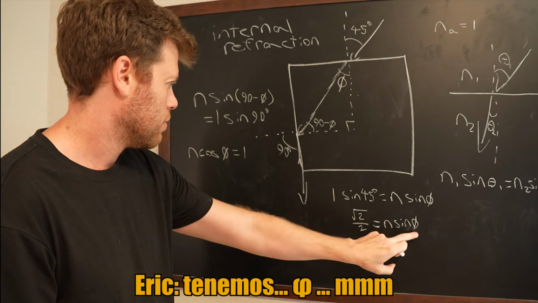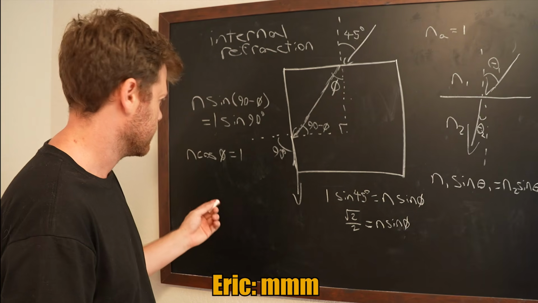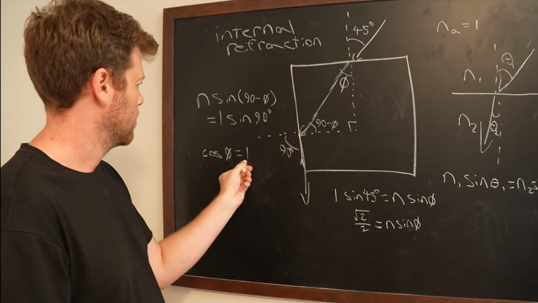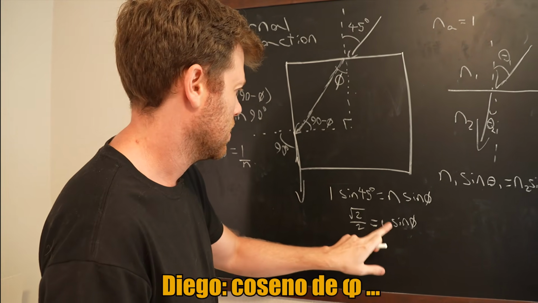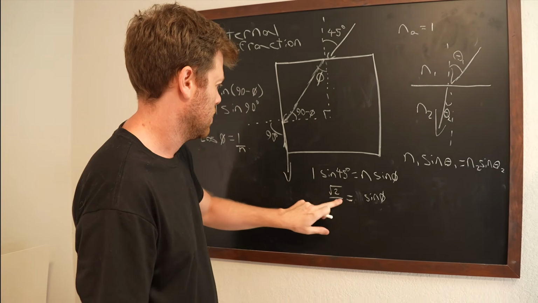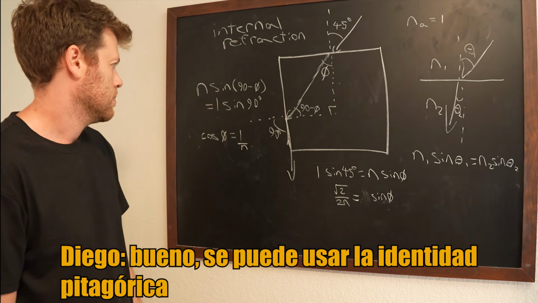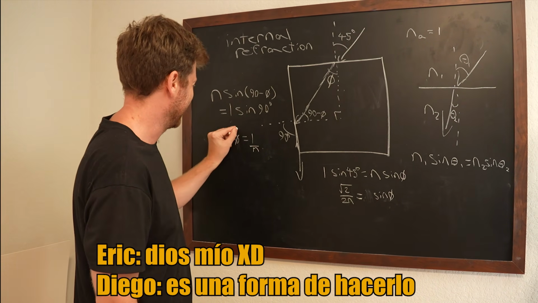So we have phi. How do I want to mess with this stuff? Diego, you have any pointers for me? Cosine theta. Well, you could use the Pythagorean identity. Oh my god. That's one way to do it.